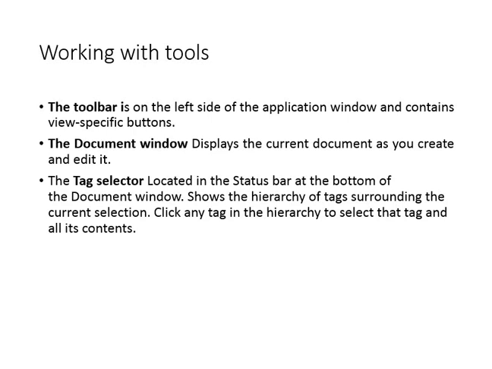On the left side of the application are the buttons, and we have the document window which is used to control the document, like it has the views. The tag selector is located in the status bar at the bottom of the document window and shows the hierarchy of the tags surrounding the current selection.